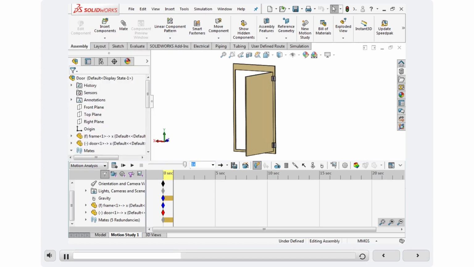Now we will review the force solution in the joints to reveal the consequence of the redundancies. Remember, the weight of the door is approximately 274.8 newtons. Gravity acts along the negative global y direction. The two hinge mates should share this load equally. Let's verify this. Click Results and Plots.